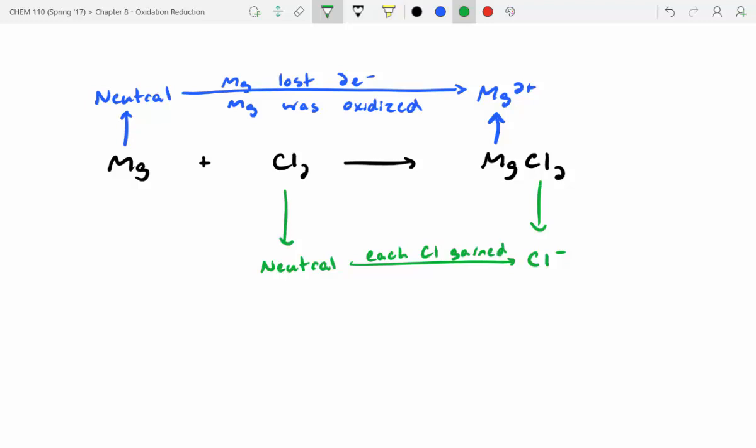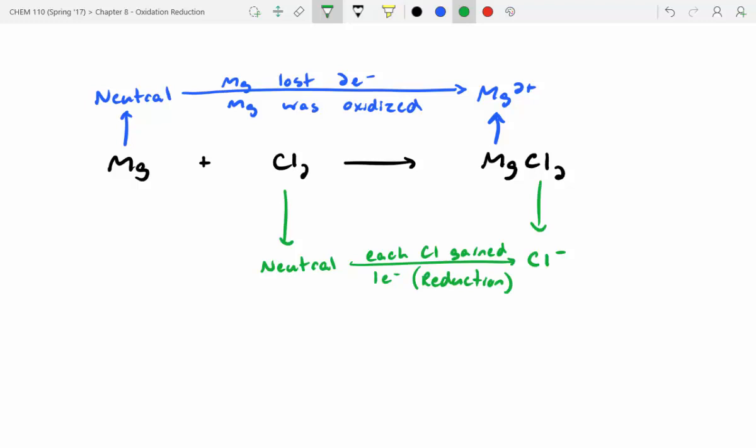Just 1, right? Gained 1 electron. That means that this was a what reaction? Reduction, right? And again, we need to keep track of the electrons that are being transferred in both directions. On the top one, we're moving 2 electrons. On the bottom one, we have 2 chlorines, each moving 1. So it looks like it bounces out, right?